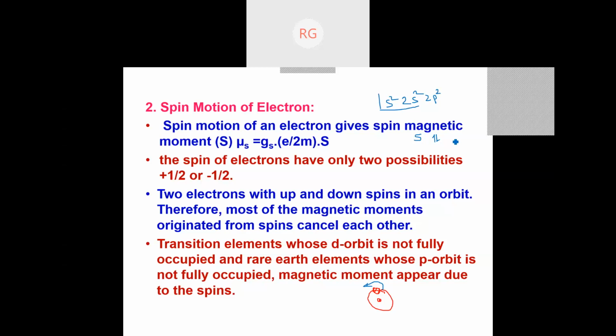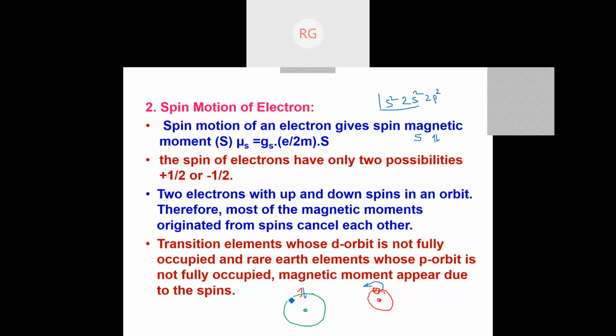Therefore, the electron spin has only two values, plus half or minus half. If in an orbit, just like for example, this is an orbit, this is the nucleus, and in the orbit, if I select one electron, it will have up spin. So that means it is completely filled. If I choose the next electron that is moving in the same orbit, it will have spin down.